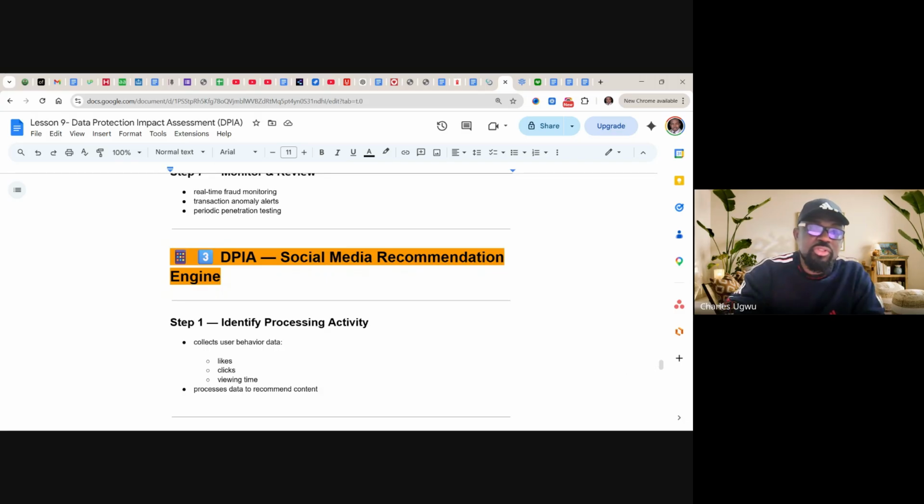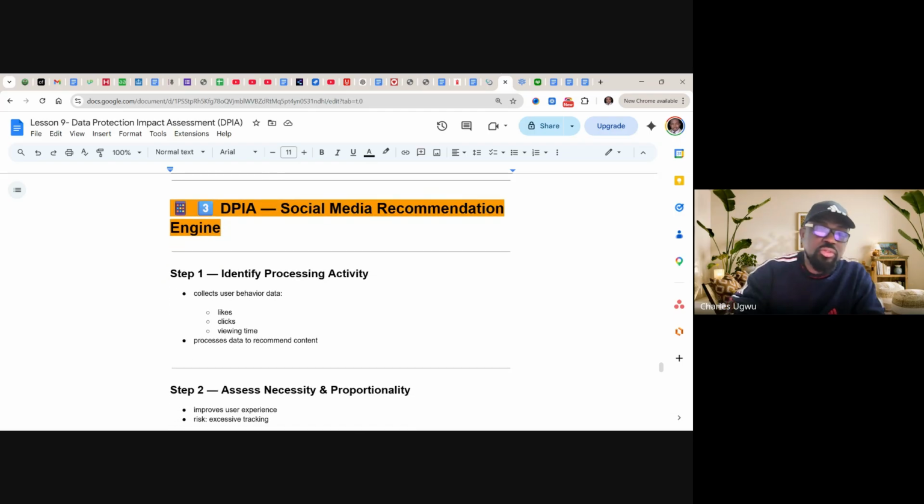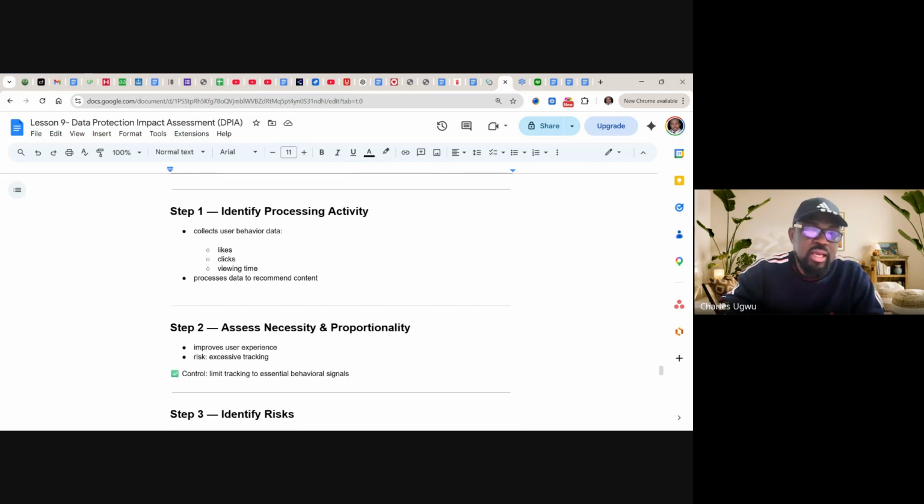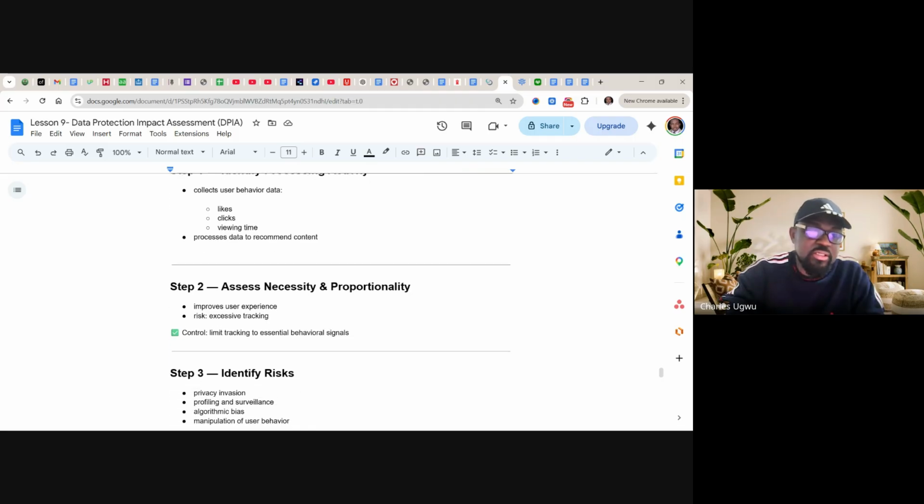In a social media recommendation engine, what we need to do is identify the processing activities and the data we collect. So what are we collecting? We collect user behavior data such as likes, clicks, and view time, processing data to recommend content, and then the assessment of necessity and proportionality.